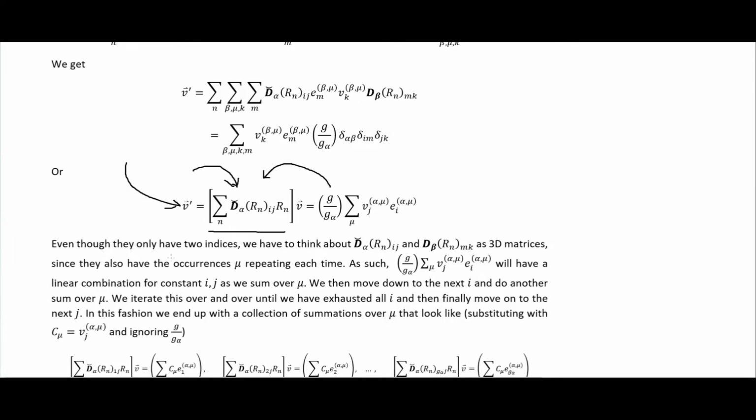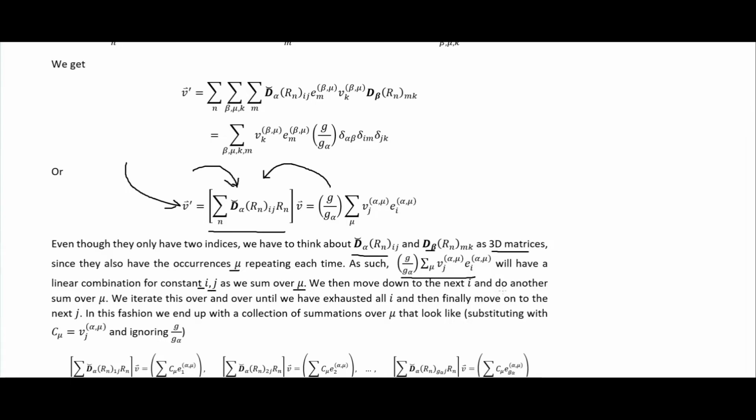So even though we only have 2 indices on here, we have to think about these matrices here, so the D alpha and the D beta, as 3D matrices, since they also have that occurrence mu repeating each time. And so as such, this summation right here will have a linear combination for a constant i and constant j as we sum over the mu.